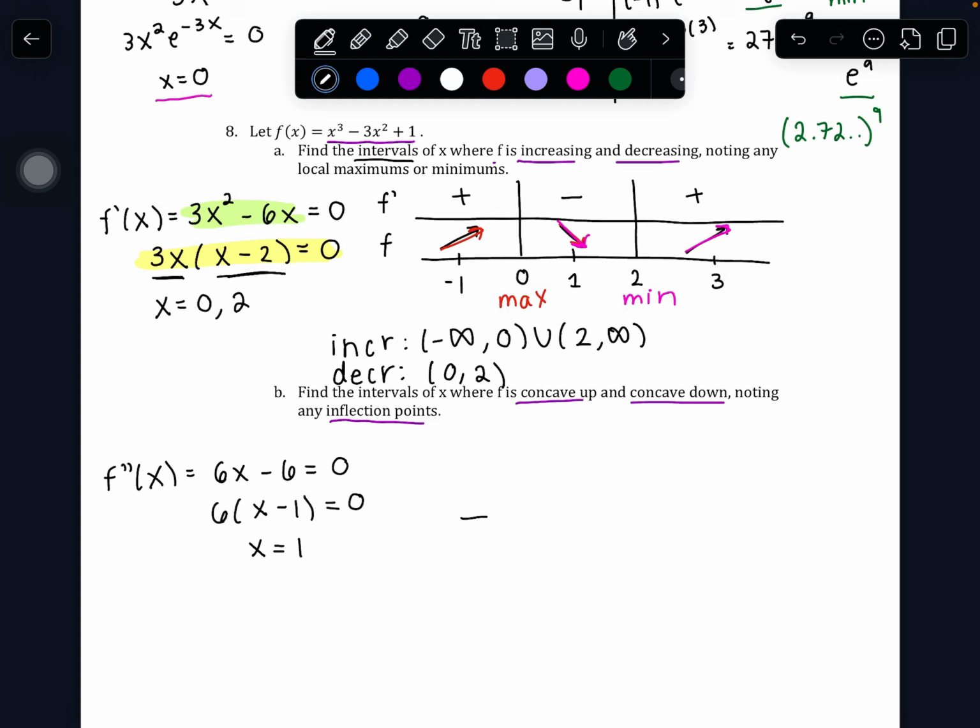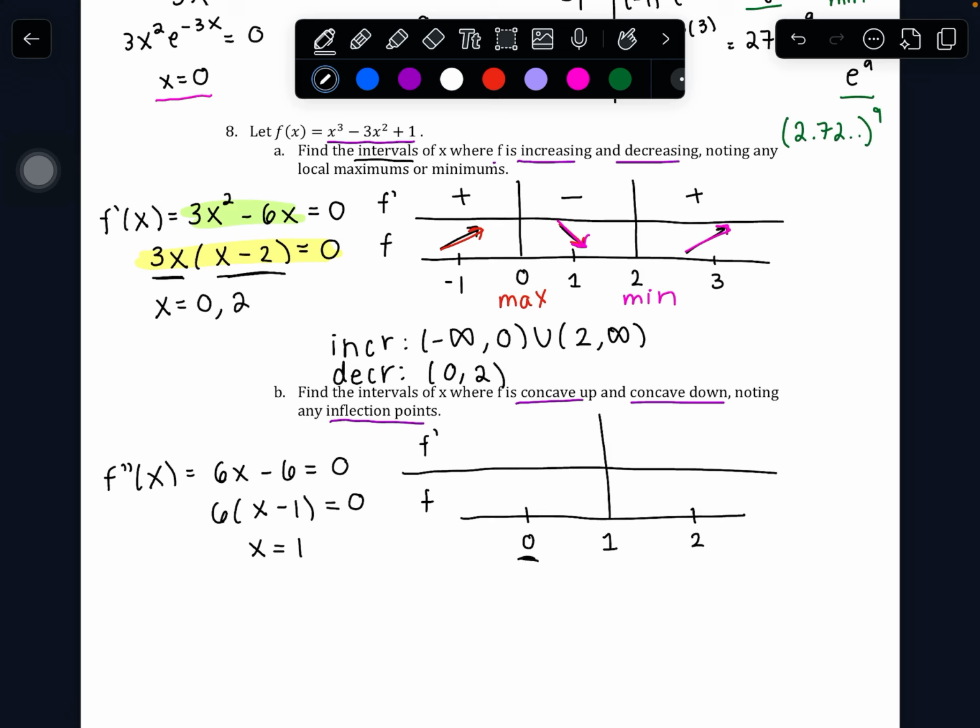So again, do the same thing with the chart. But now we only have one number to care about. So let's look at maybe 0 and 2. Doesn't matter what numbers you pick. You could have picked -100 for all I care. All right.